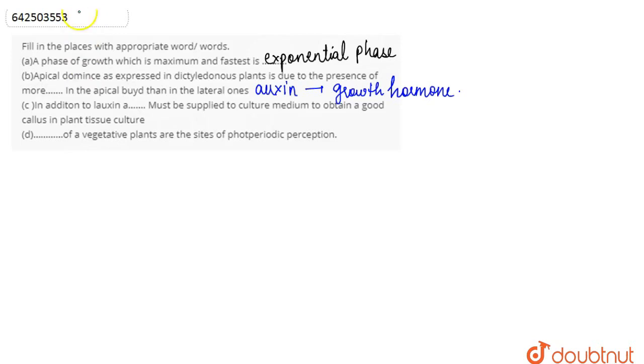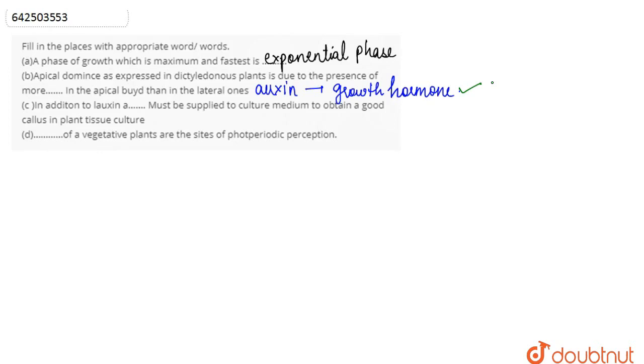Right, now the third part is: in addition to auxin, a dash must be supplied to the culture medium to obtain a good callus in plant tissue culture. As we know, auxin is basically a growth hormone. So along with the growth hormone, if we add one more hormone that allows good growth of the plant, because tissue culture is a technique wherein a single tissue is used to grow a whole new plant.